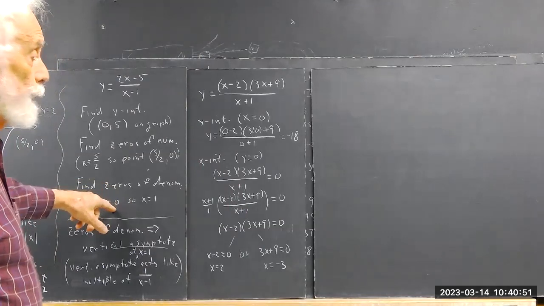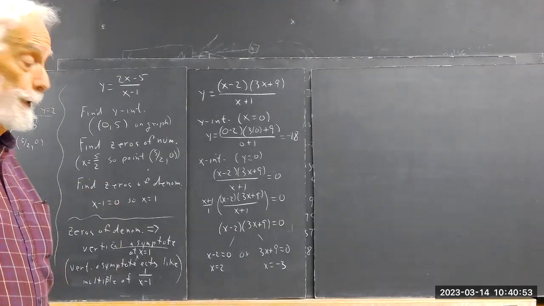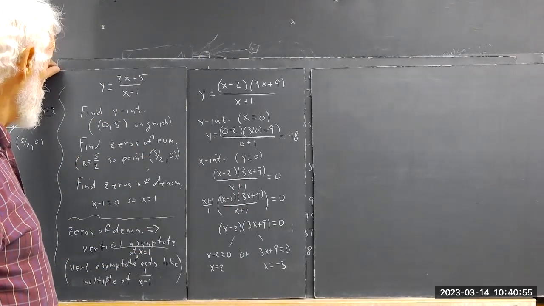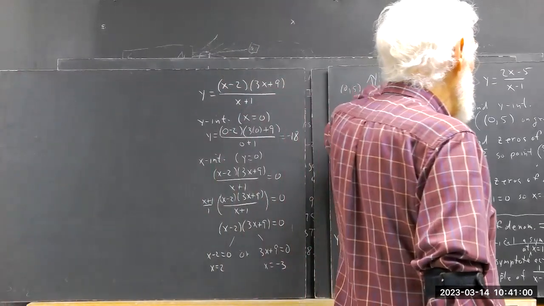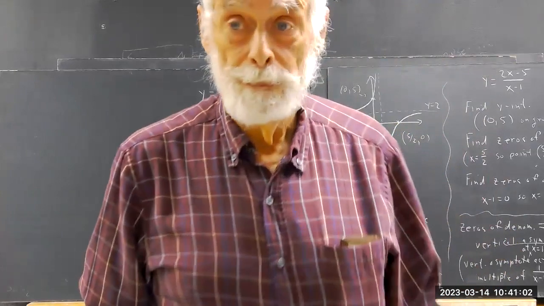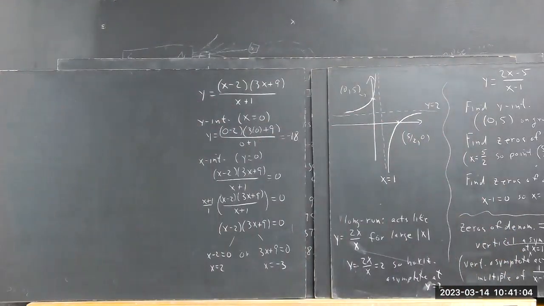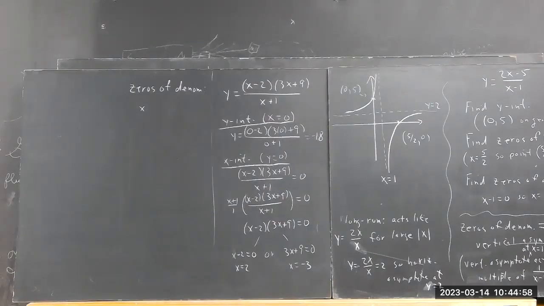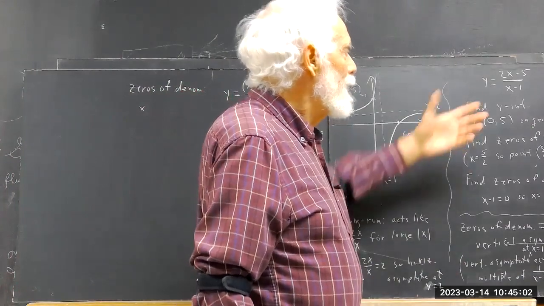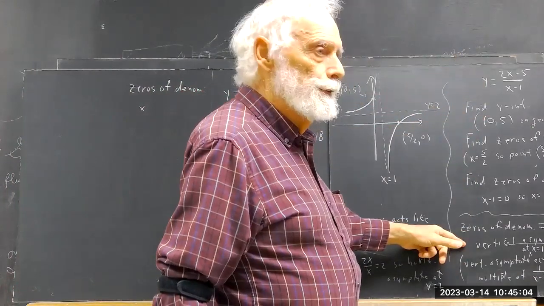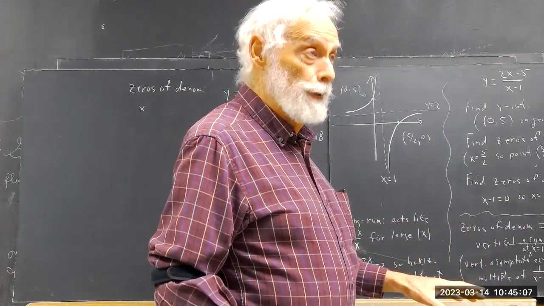Now you've got to find the zeros of the denominator, and what does that mean? So go ahead and find the zeros of the denominator and see then what you know about the graph. Okay, now I've got to say, you really need to focus on every step without thinking about anything else.